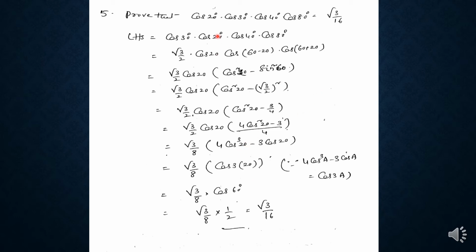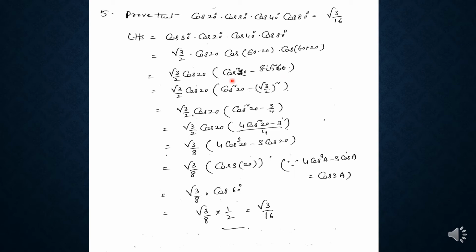So here, to prove this product as root 3 by 16, we substituted the value of cos 30 degrees here, and cos 40 can be written as cos of 60 minus 20, and cos 80 can be written as cos of 60 plus 20. So this becomes in the form of cos of a plus b into cos of a minus b, which is equal to cos square b minus sin square a.